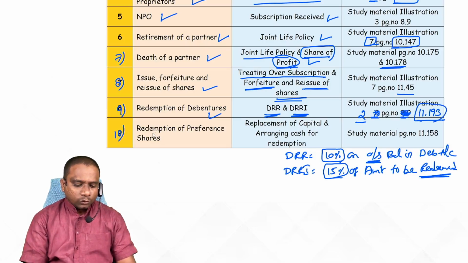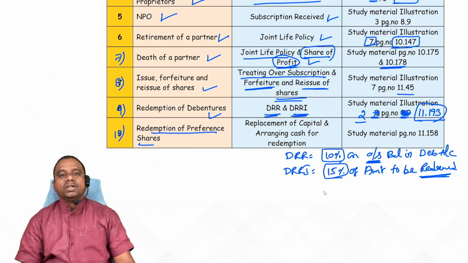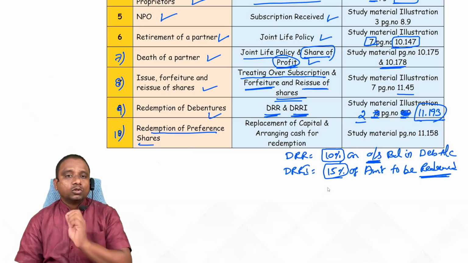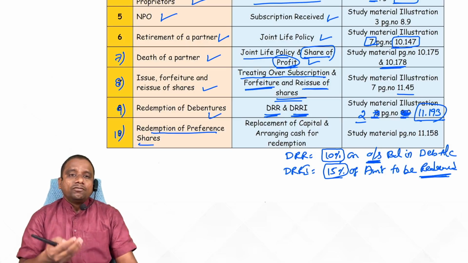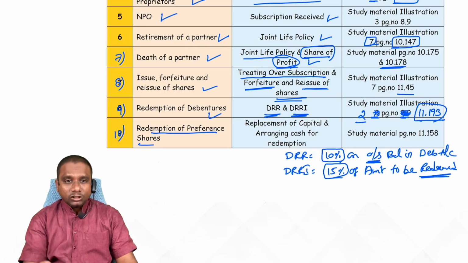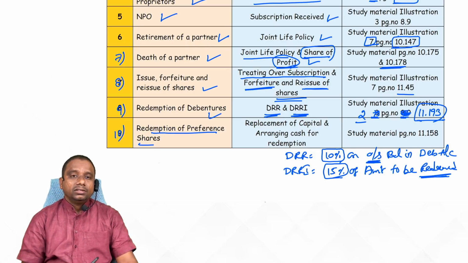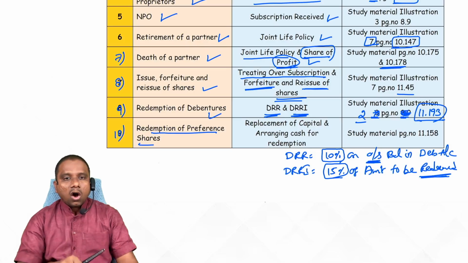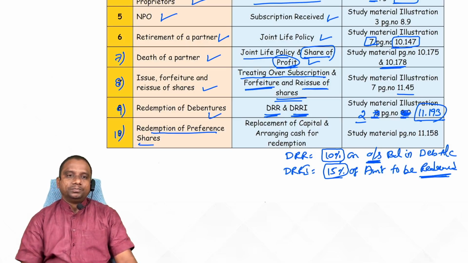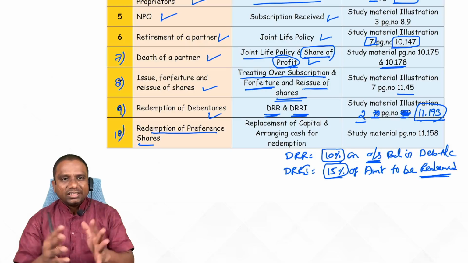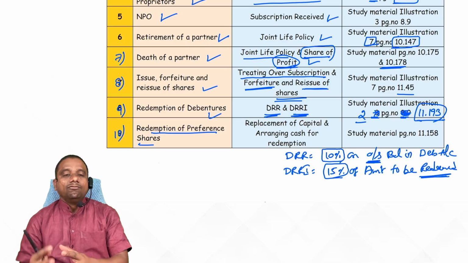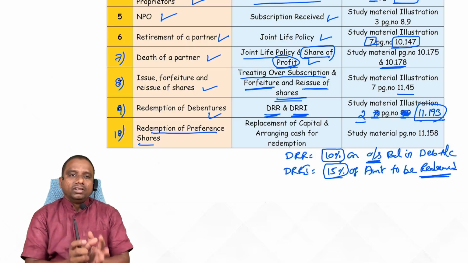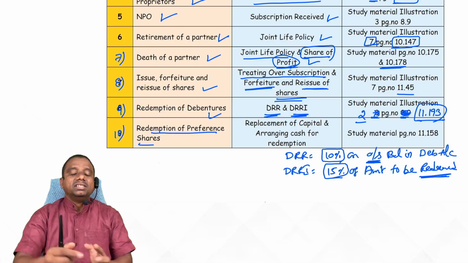Example. Next one, redemption of preference shares. Here also most of the students will get a doubt: sir, at the time of calculation of the number of shares to be issued, will I take face value or including premium value? For that, first you check, students, are you calculating the number of shares for arranging the funds or for replacing the capital?